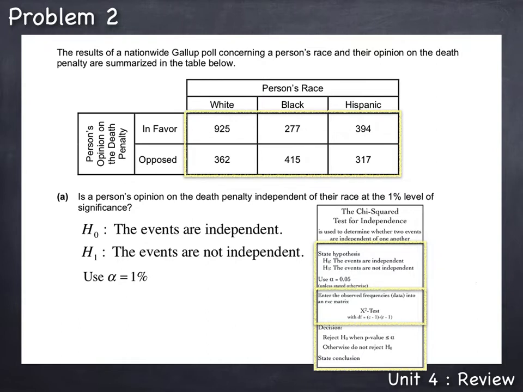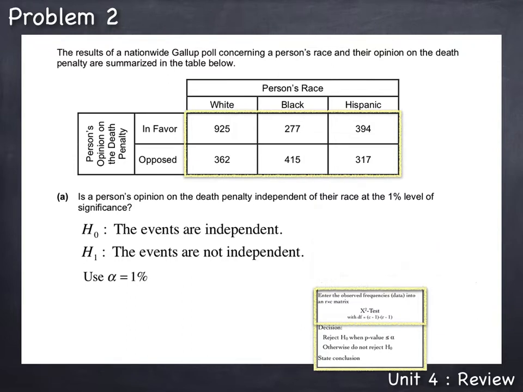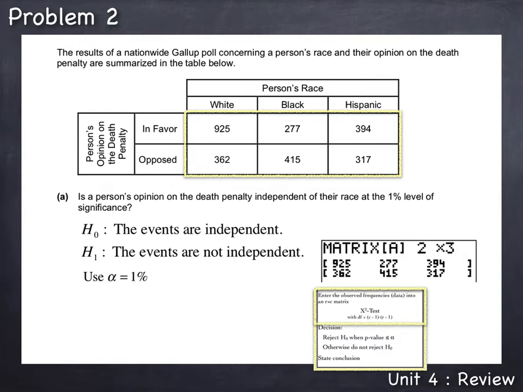The calculator expresses these tables in a matrix. So to enter this sample data into a matrix, we press 2nd, matrix, arrow over to the Edit menu, and pressing Enter will accept matrix A as the default.